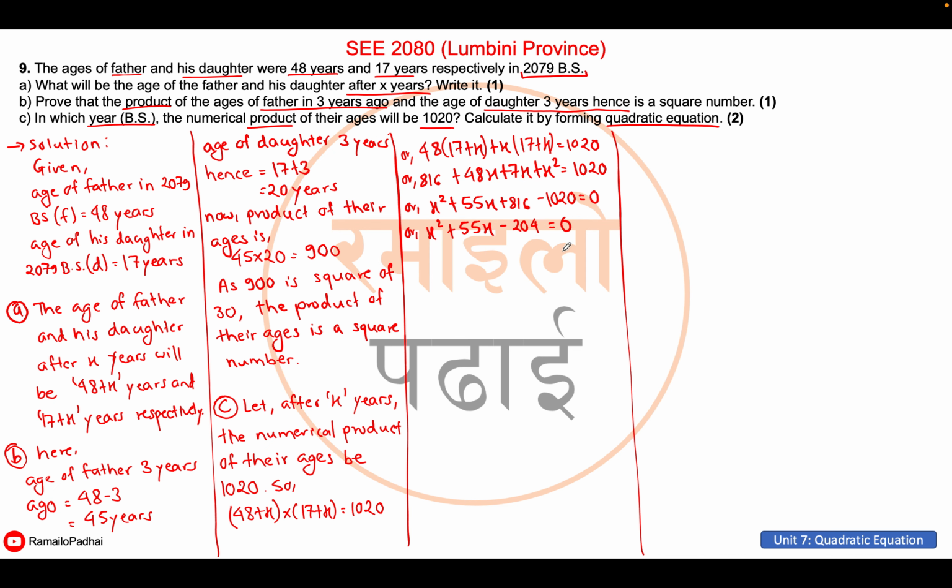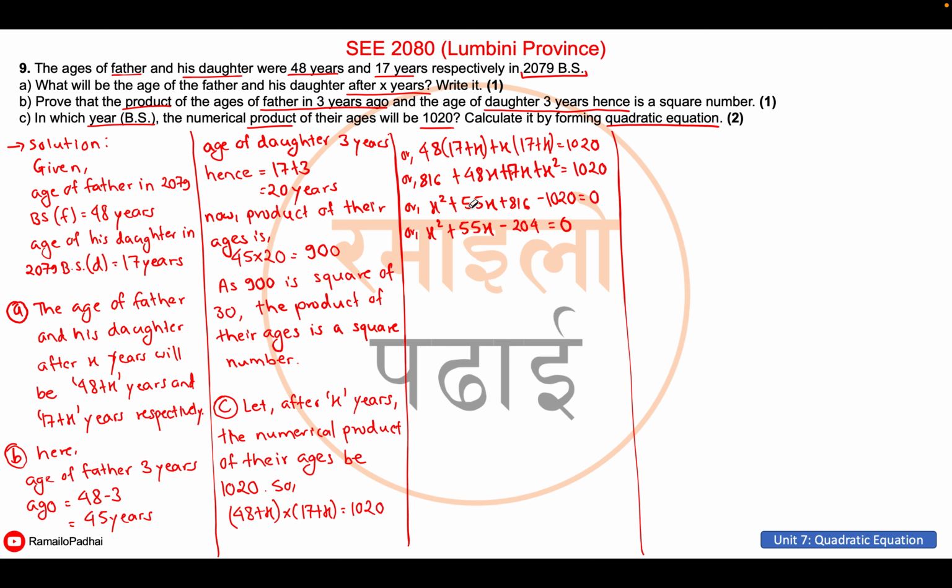We want 204. 58 times 3, 174. Still I am missing something here. Oh, x times 17 is 17x, not 7x. My mistake.